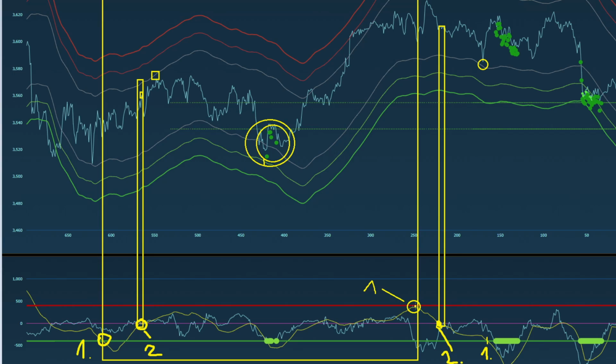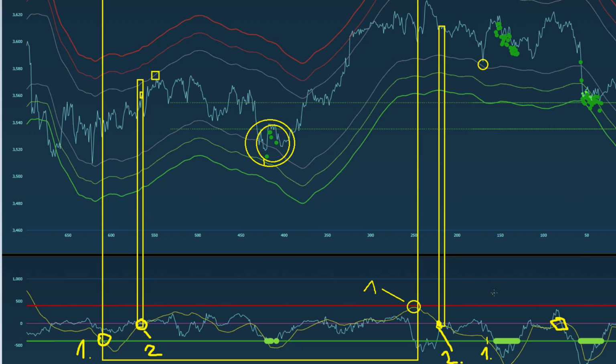Because for the first time after it was plus 400, it went down to minus 400, indicating that okay, we might get short entry at some point in near future. And where is it? It's of course when we get close to 0, or you can wait for 0, so over here, right? So we went long over here, right?